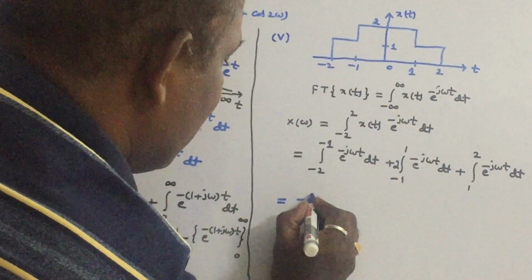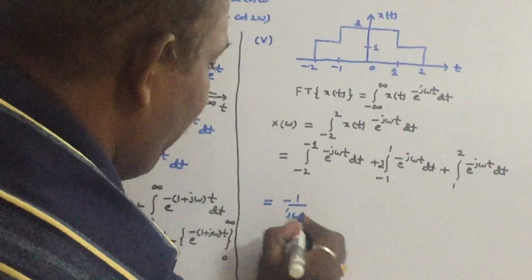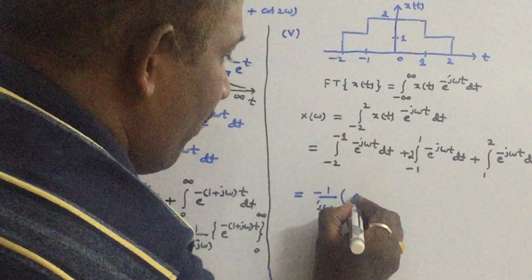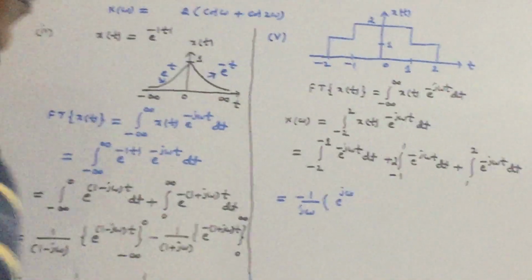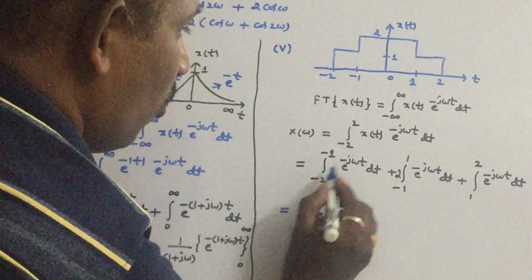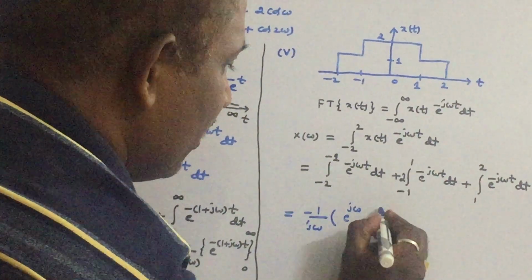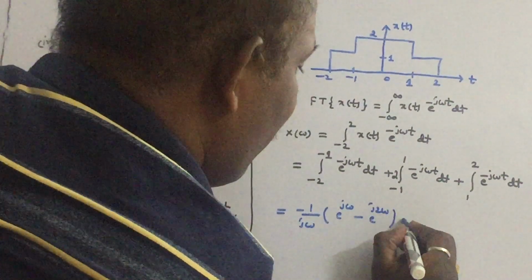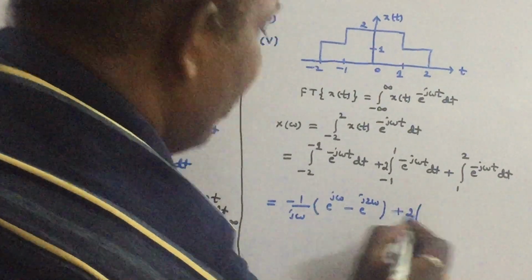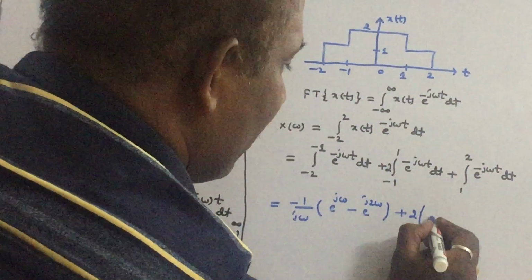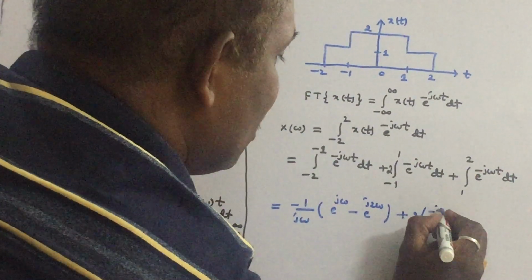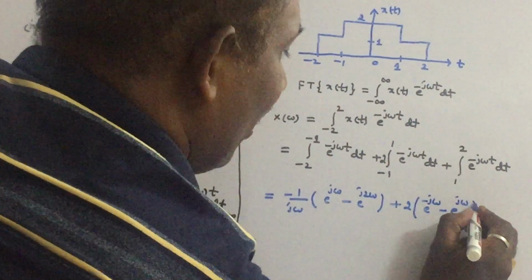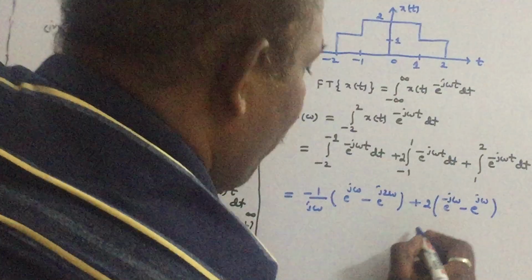So what is the first integral? -1 by j omega. If you substitute the upper limit, it will become e power j omega, minus, if you substitute the lower limit, minus into minus will become plus e power j 2 omega. This is the first one. The second one is plus 2 into, if you substitute the upper limit, e power minus j omega, minus, if you substitute the lower limit, e power j omega.